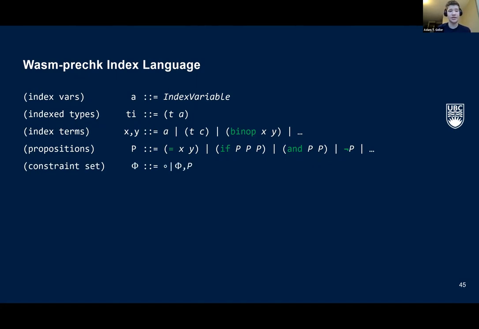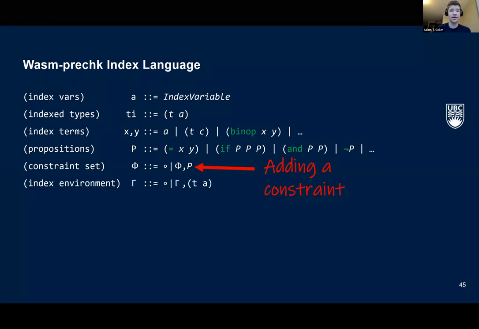And then we have this constraint set, phi. And this phi comma p is basically the syntax for adding a constraint to the constraint set. Lastly, we have the index environment gamma, which isn't really important for the high-level intuition of how the type system works. It's really just for bookkeeping.